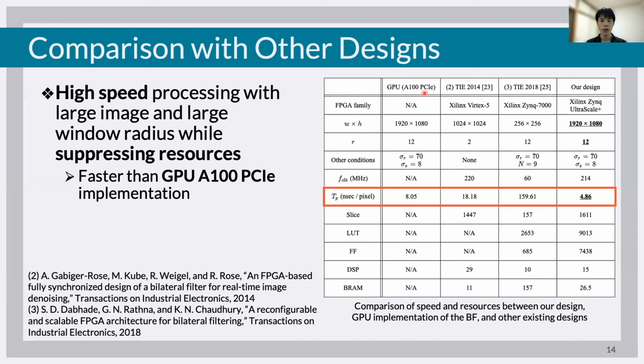As you can see, our design is the fastest of the 4 in large window radius. While ours requires more resources than 3, speed is much faster and the resources are less than 10% in a small FPGA board. Thus, we can conclude that our design outperforms existing designs in speed and resources.